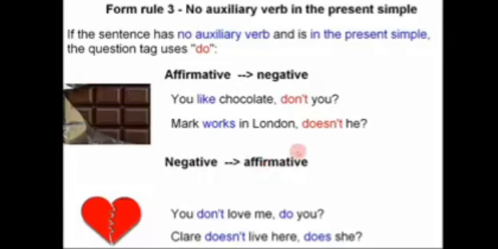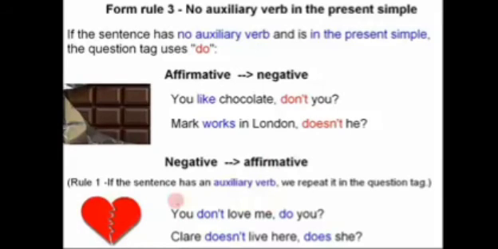Now, when it comes to this rule, under rule number 3, one can also connect it to rule 1 that states that if the sentence has an auxiliary verb, repeat it in the question tag. It is obvious that don't is also an auxiliary, but that is the only way to show negativity in the sentence.